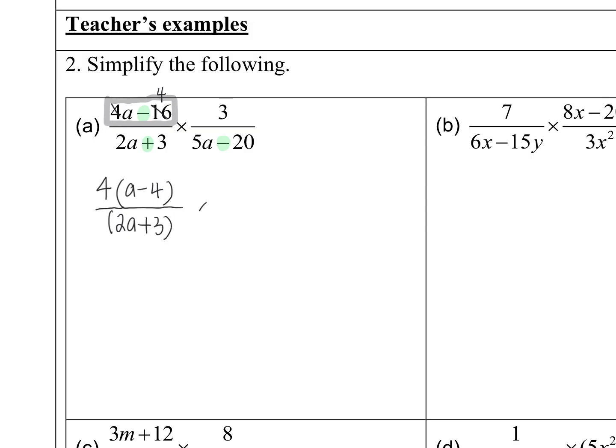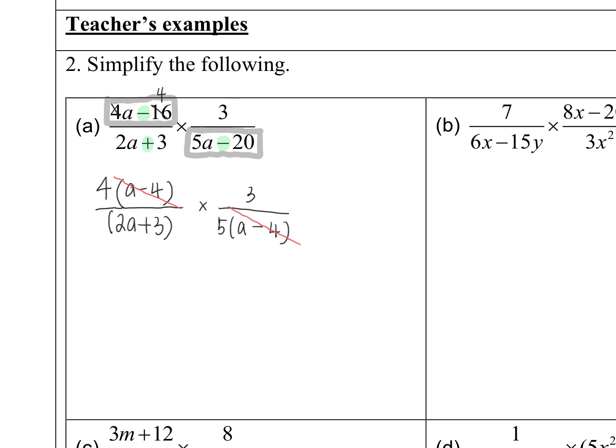The 5a and 20, what is common between 5 and 20? 5. 20 divided by 5 is 4. So you take out the 5. Can you see now you have one group that is exactly the same? Then you can cancel the whole group.